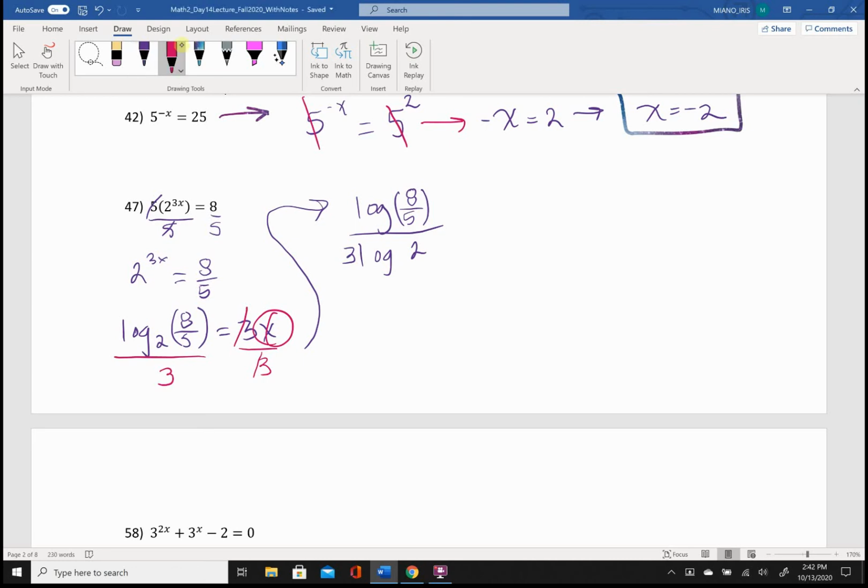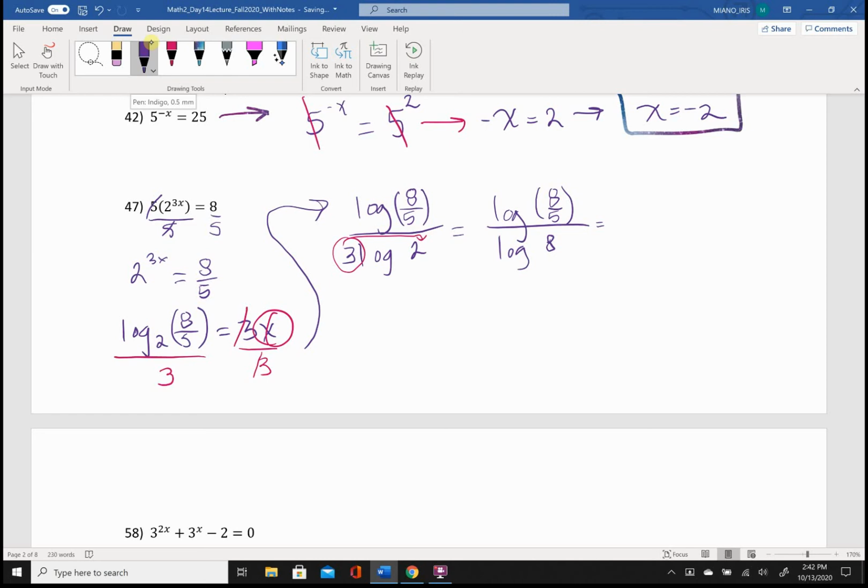Furthermore, we can use what we know about multipliers for logs to let it be an exponent on the 2 that's in the argument. So that's even a little bit less typing for our purposes in the calculator. So we'll have common log of 8/5 over the common log of not 2, but 2 to the 3rd power, or 8.